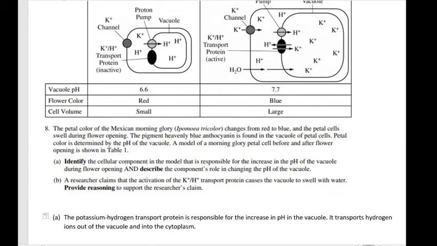And a quick chemistry refresher, more hydrogen ions means a lower pH, so fewer hydrogen ions means a higher pH. So because more hydrogen ions mean a lower pH, moving hydrogen ions out of the vacuole increases the pH.